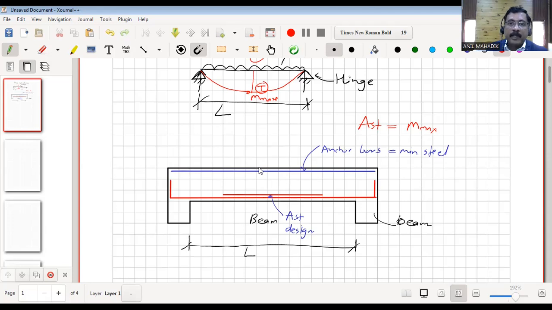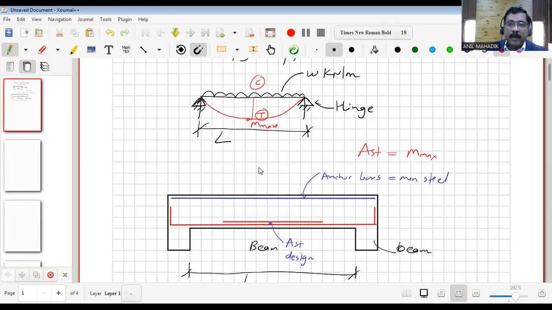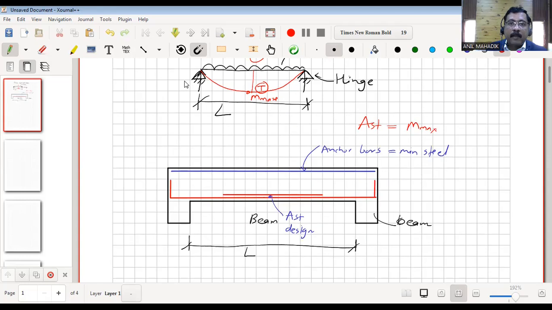Now, apart from this, in any beam, apart from bending moment, we also get shear forces.